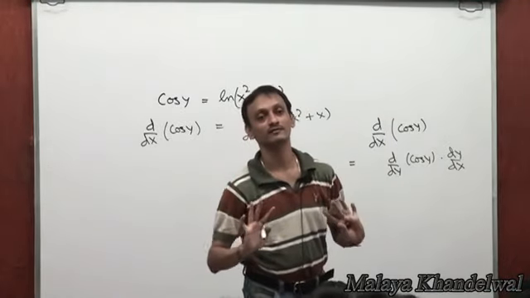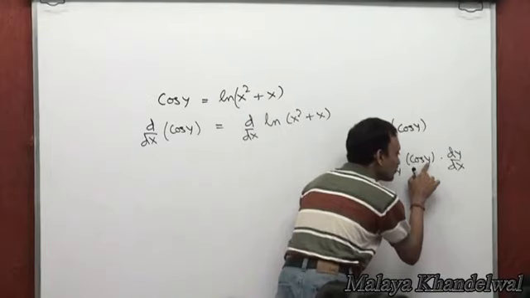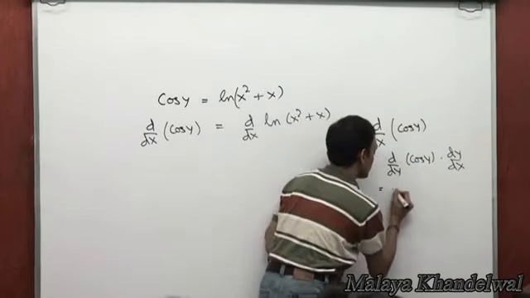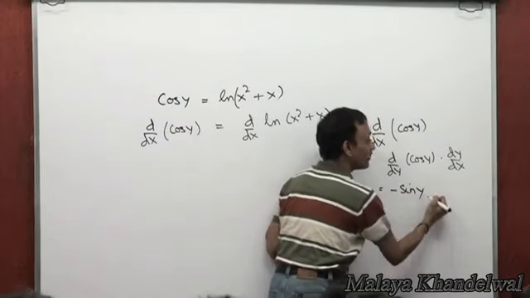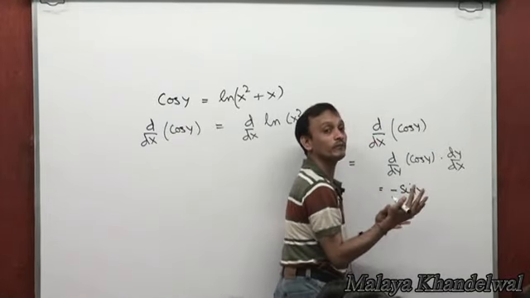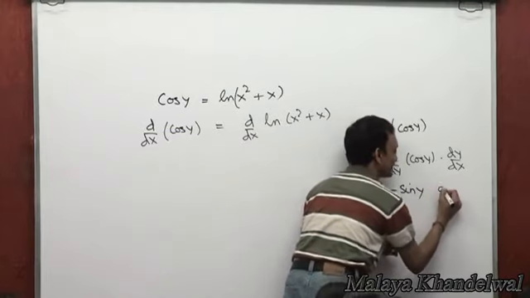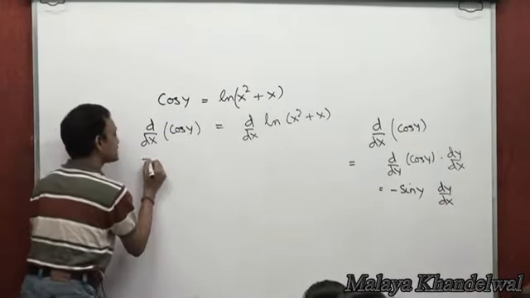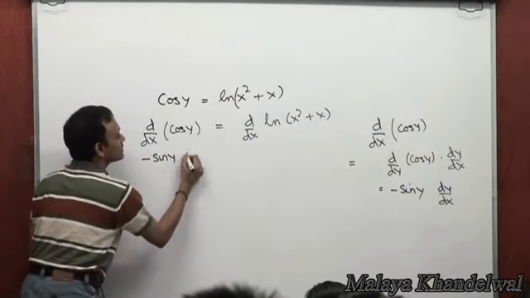Minus sine of theta. So cos y with respect to y would be minus sin y, and dy/dx would be dy/dx. So I write d/dx of cos y as minus sin y dy/dx.